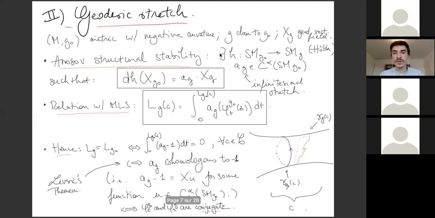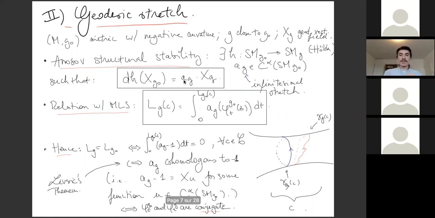In other words, there is a map H going from the first unit tangent bundle to the second unit tangent bundle, and the differential of this map H maps the first geodesic flow not exactly onto the second geodesic flow, but onto a function times the second geodesic flow. Here the function A_G is called the infinitesimal stretch, and it's a sort of time reparametrization which tells you how to pass from one geodesic flow to another when they are close.